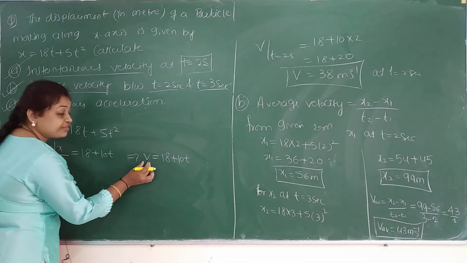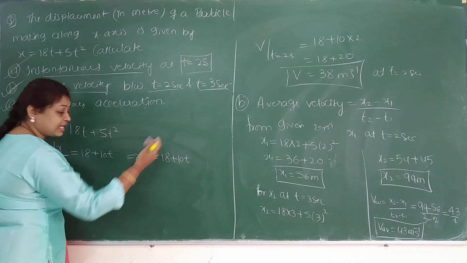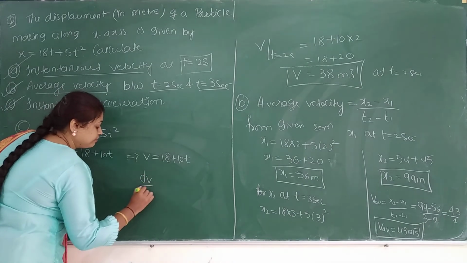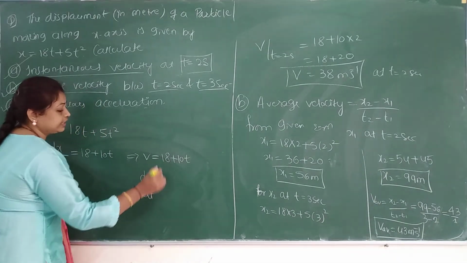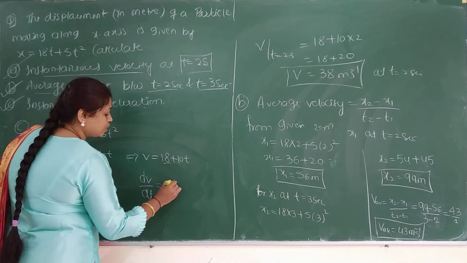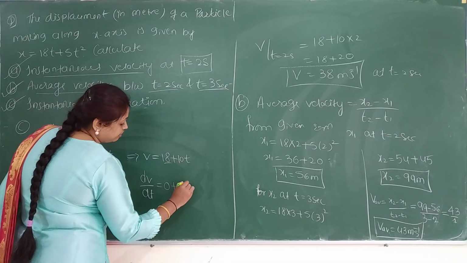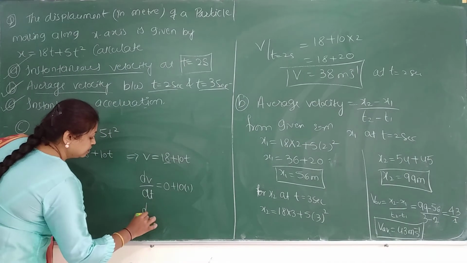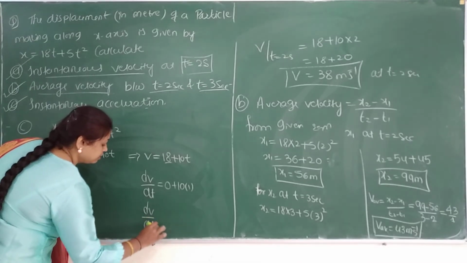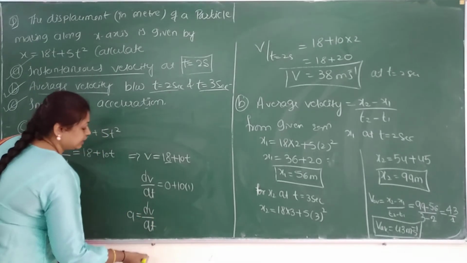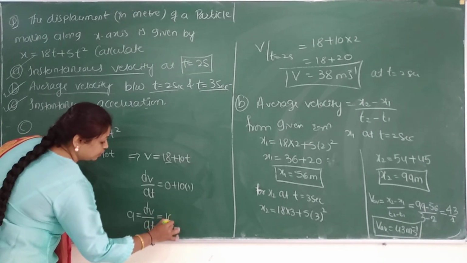Again if you differentiate this velocity with respect to time, that is dv by dt, what you will get? 18 constant is 0 plus t differentiation is 1, into 10, that will be 10 only. Then dv by dt gives acceleration equals 10.